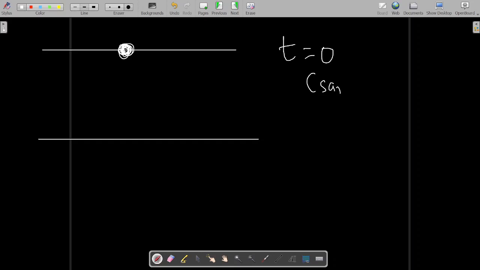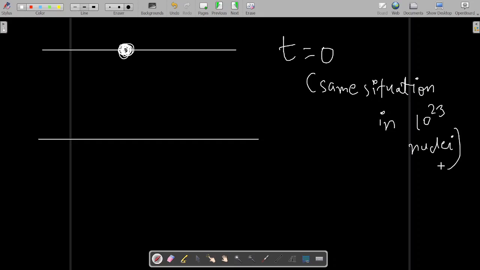Same situation in 10 to the power 23 nuclei. So this particular photo is identical in all the 10 to the power 23 nuclei initially at time t equal to 0. Now suppose the half-life of this particular case is 0.5 second.